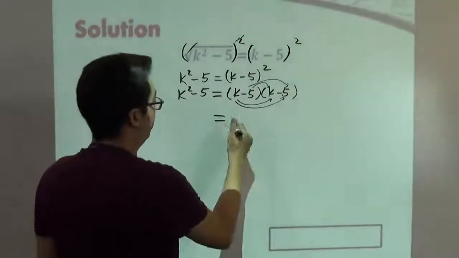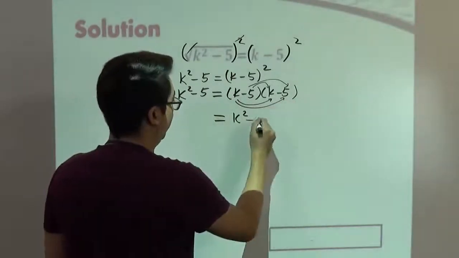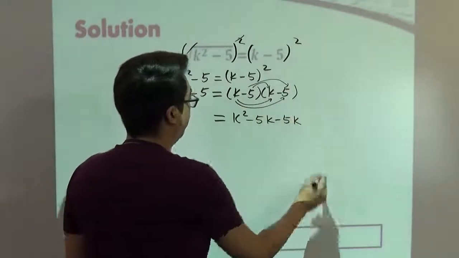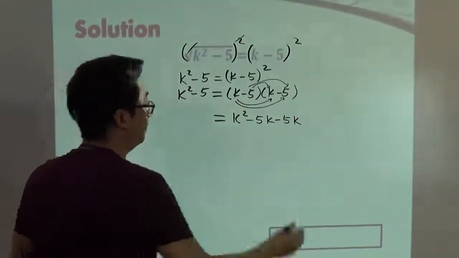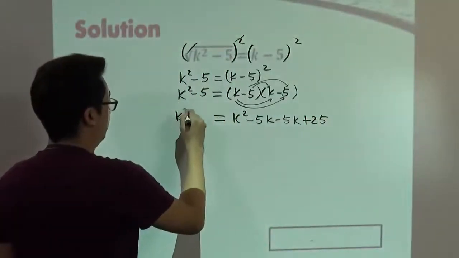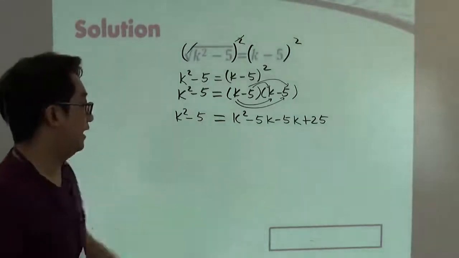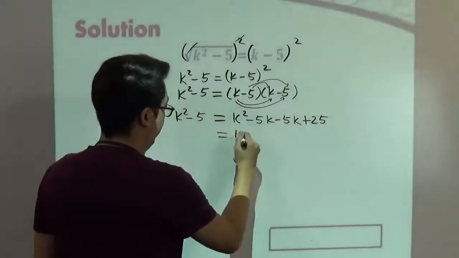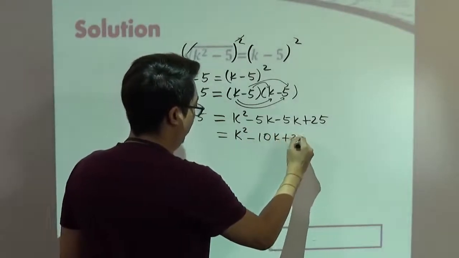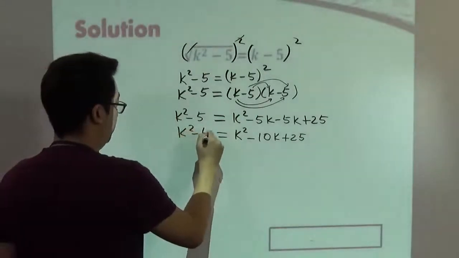For first, k squared. k times negative 5 is negative 5k. Negative 5 times k, another negative 5k. Negative 5 times negative 5 is positive 25. Left side is k squared minus 5 still. So on the right, I can combine like terms: k squared minus 10k plus 25. Left side is k squared minus 5 still.